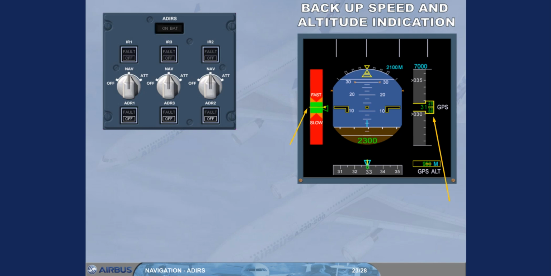The speed scale is replaced by a backup speed scale, BUSS, based on the aircraft's angle of attack, AOA, information and on the slat flap configuration from SFCC. The backup altitude scale is based on GPS altitude information. Due to the GPS altitude inaccuracy, the last 2 digits are double-dashed. The vertical speed indication is not available.